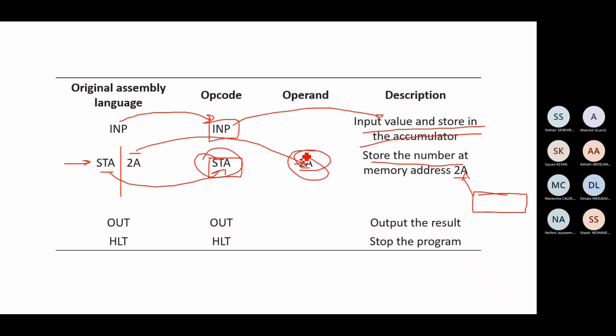To understand in an easier manner, this is a good example of what happens here. And output the result, halt, stop the program. If you search this HLT, you can find some description. Halt: you have to do the exercise and then you have to halt.